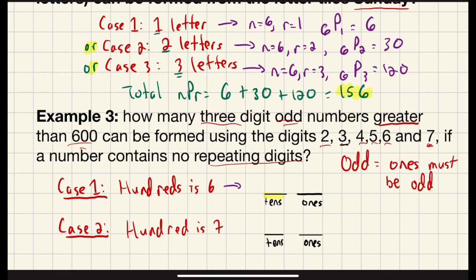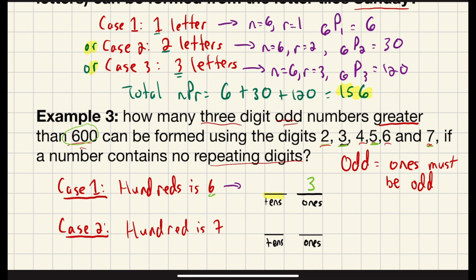So if we start off with case 1 where the hundreds is 6, we're going to focus on the ones first because they're the ones that help determine if the number is going to be odd. That would narrow the choices down to either a 3, a 5, or a 7, so that leaves the ones with 3 choices. Now for the tens, you can't have any repeating numbers in this 3-digit number. So you can't have a 6 since the hundreds is already a 6, and you can't have whichever one we placed among the 3, 5, and 7.